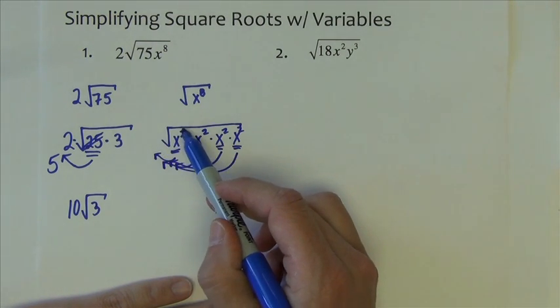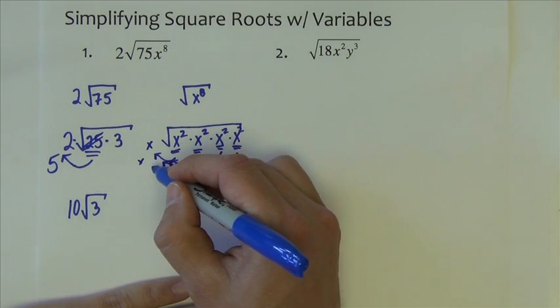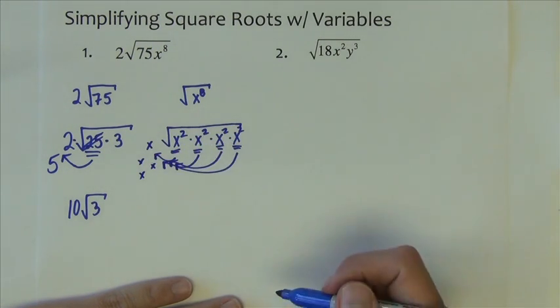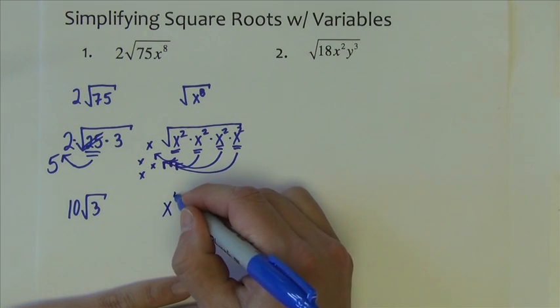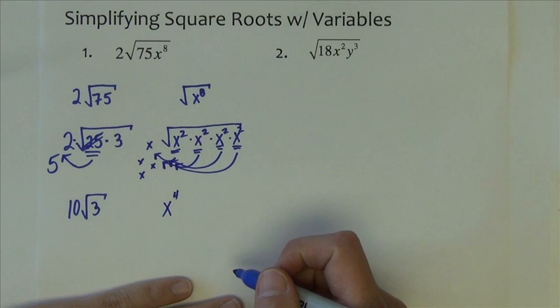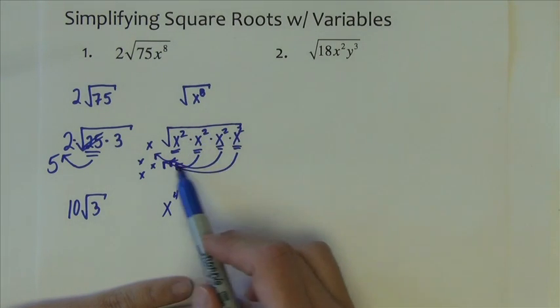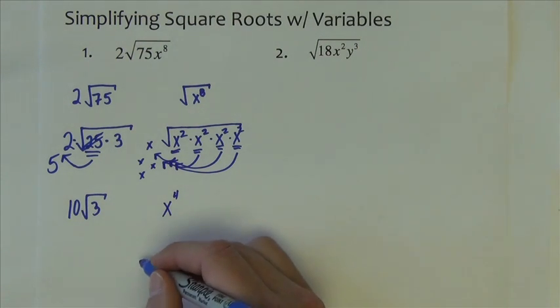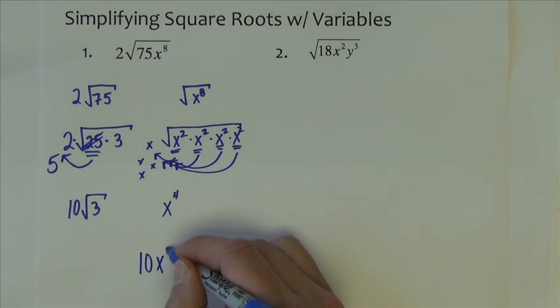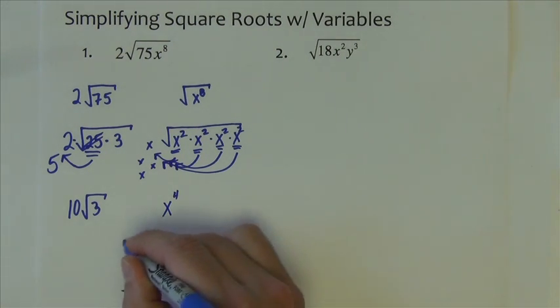The square root of x squared is just x. So each of these brings out an x. Well, how many x's did I bring out? I brought out 4 x's. I brought out x to the 4th power. Notice that everything here came out, so there's nothing left behind in a radical here. So if I put this together, all the stuff that came out, I've got a 10x to the 4th. I've got a square root of 3 left behind.